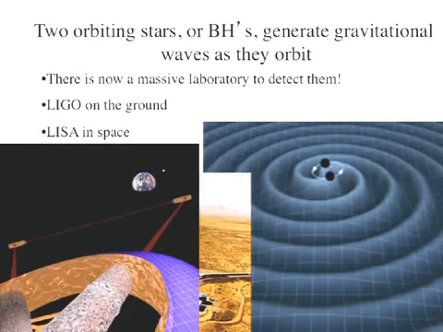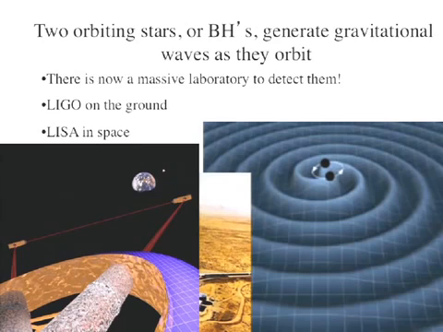Here is a drawing. This is called LISA. This one has 3 satellites. The satellites are on a very large orbit, about 1/6 the distance between the Earth and the Sun. It's really a huge orbit, and it goes around slowly.